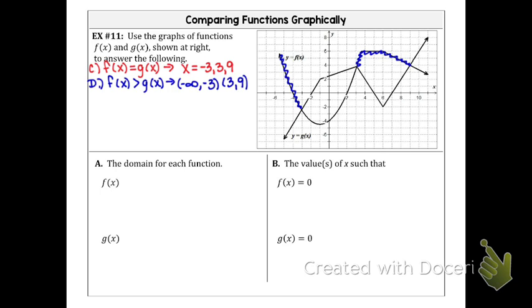E says for the x values which f of x is less than g of x. So now I'm looking for where f of x is below g of x. So I can see that's right here. And then it's also all the way here.